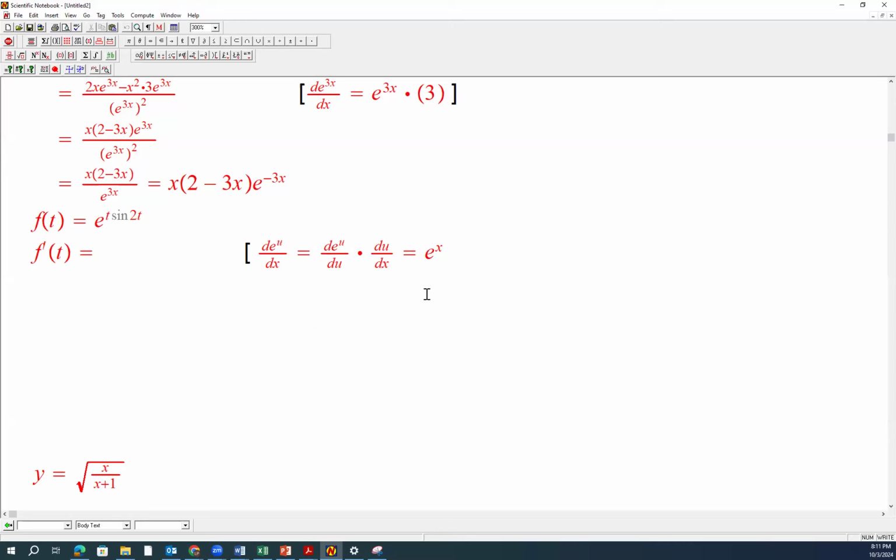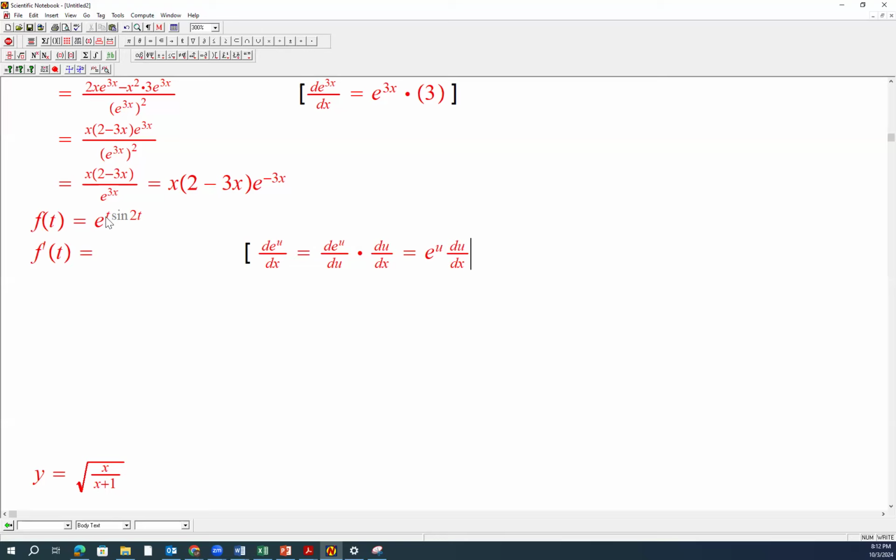All right, it's very common practice, and this time the derivative of e to the power u with respect to u is going to be e to the power u, and that part is du/dx, right? So that's going to attach a du/dx.